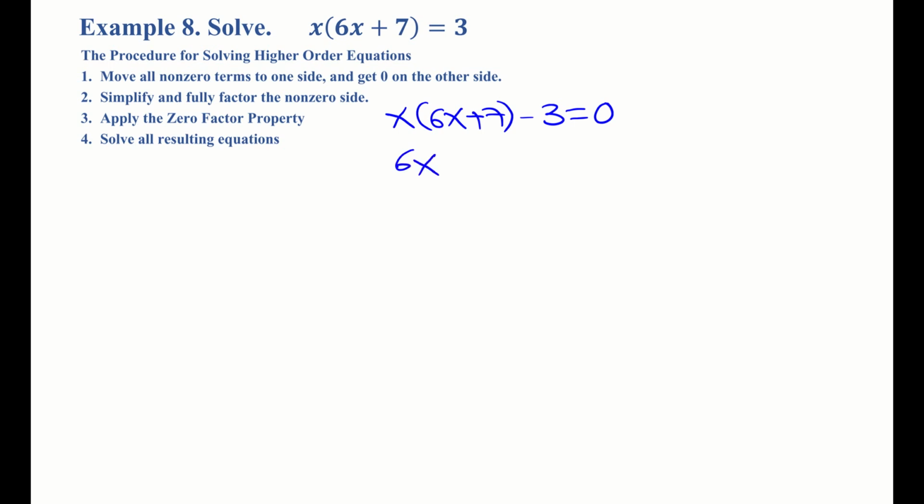So let's distribute: 6x squared plus 7x minus 3 equals 0. Now, always with these, see if there's a GCF other than 1 and get rid of it. Of course, just a constant GCF. And we notice the GCF is 1, so there's no reducing of this equation possible.